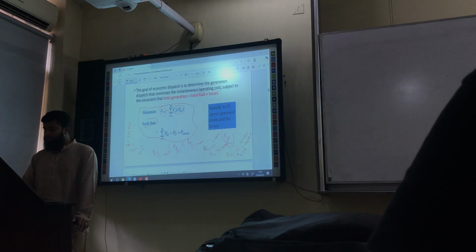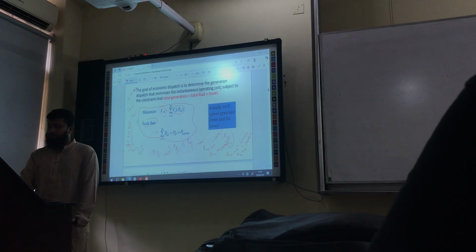So considering these constraints and this load demand, you have to generate the solution of these two, right? And also there will be some cost curves C1 and C2. So you have to keep in mind that the total cost should be minimized.